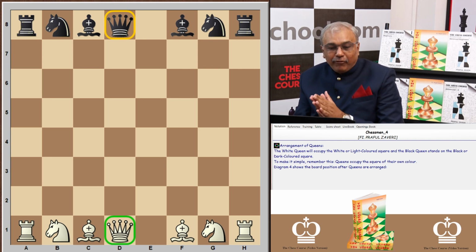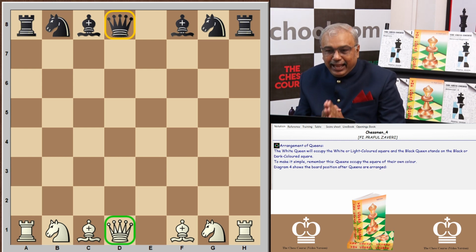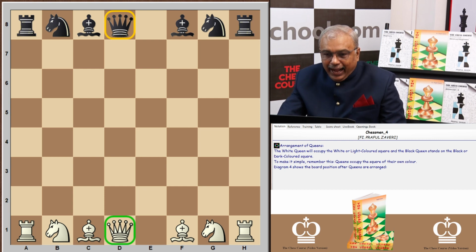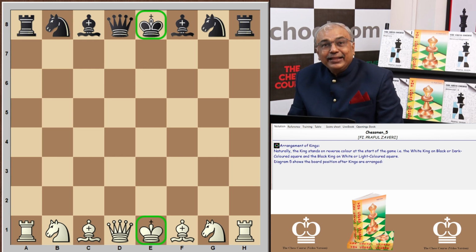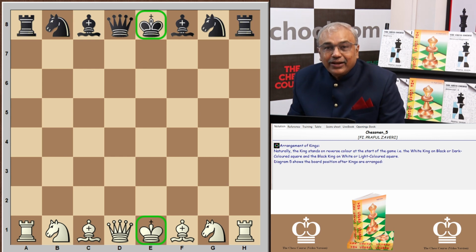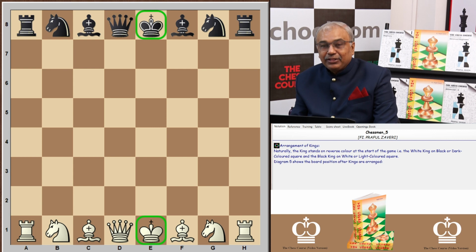After arrangement of these 4 types of chessmen, now only 1 square is left empty, and that is for our king. So naturally the king stands on the reverse color at the start of the game: the white king on black or dark colored square, and black king on white or light colored square.